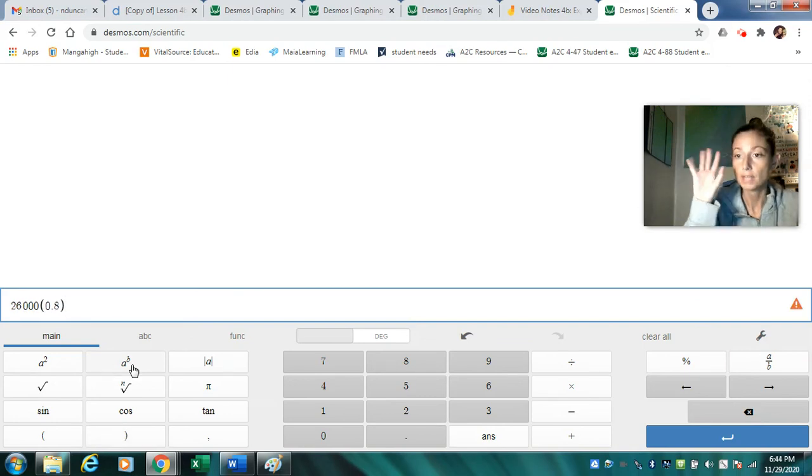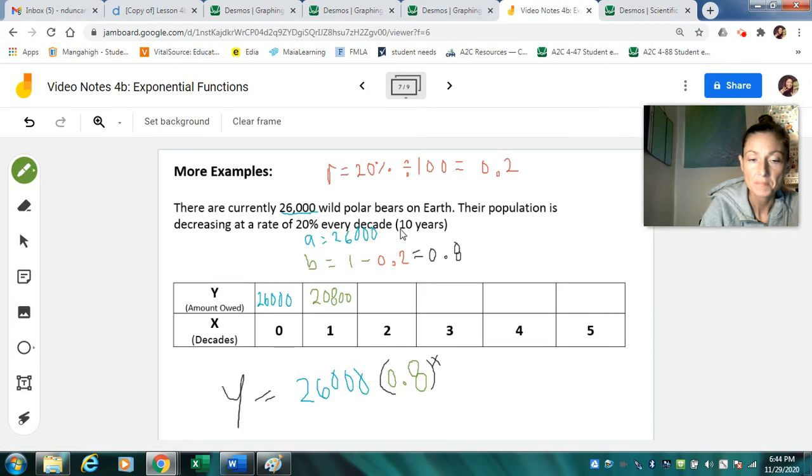So I was looking for 5 decades, which is 50 years. It's 5. That gives me 8,519 with a decimal. You can't have parts of a polar bear, so we'll round that up to 8,520.